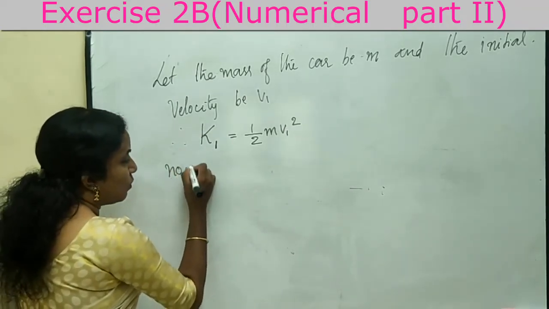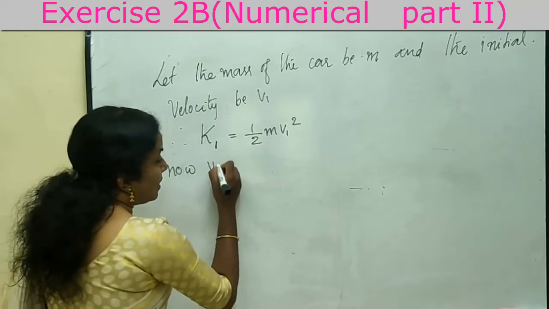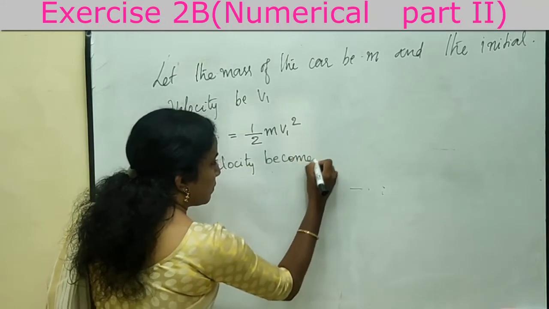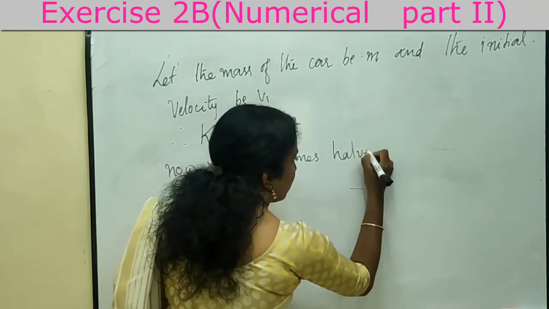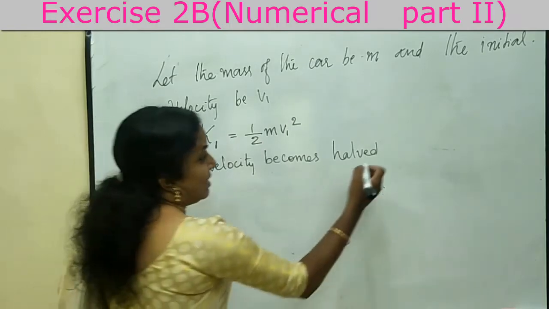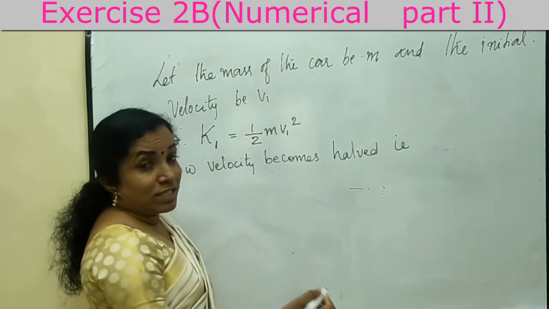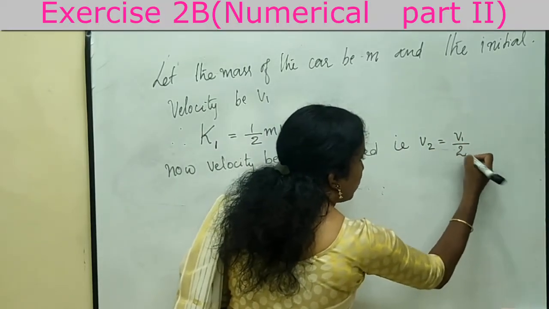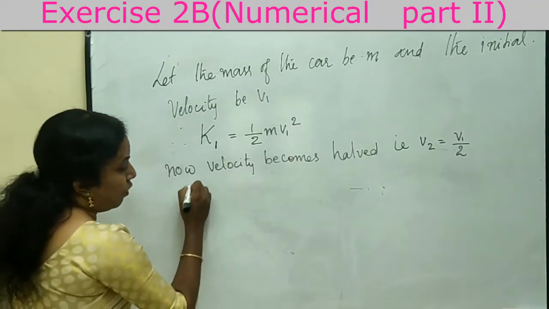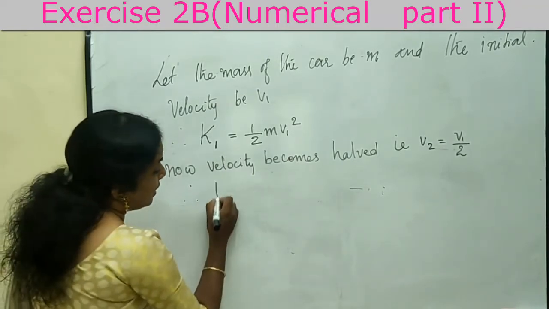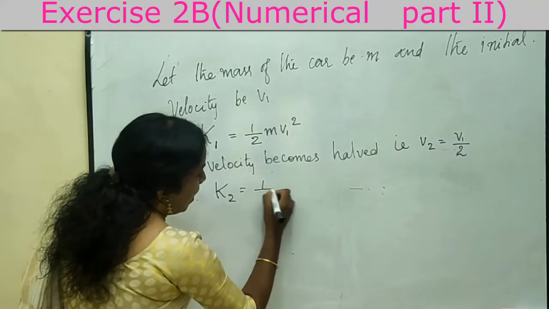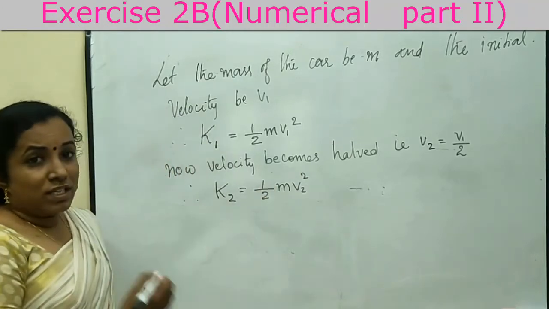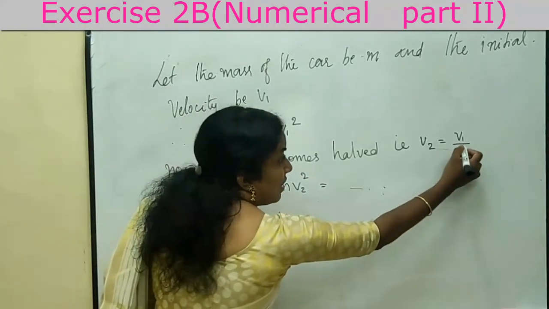Now, velocity becomes halved. That is, the new velocity v2 is equal to v1 by 2. Therefore, new kinetic energy K2 is equal to half m v2 square. What is v2 here? It is v1 by 2.